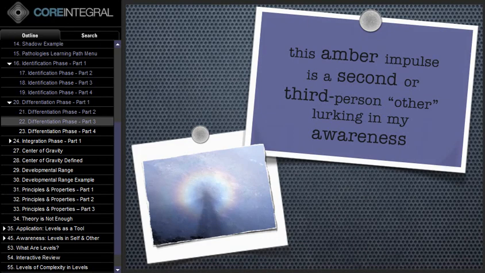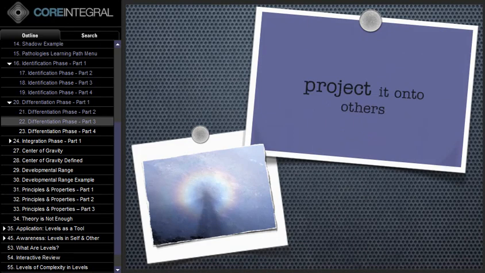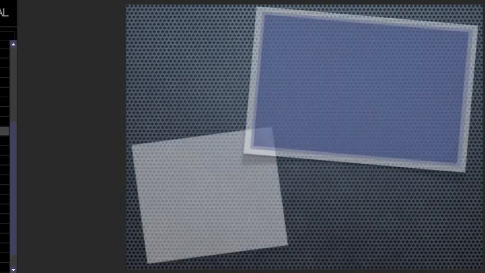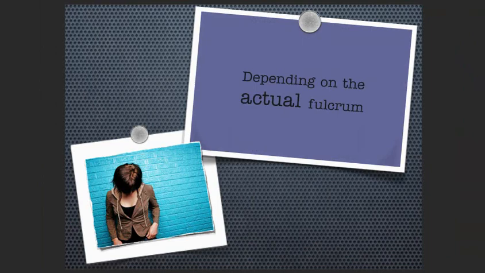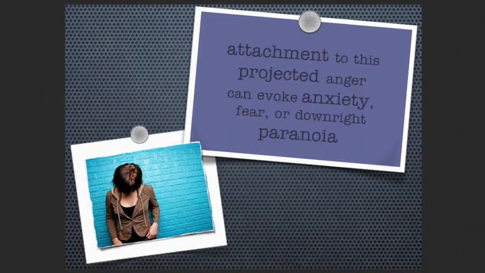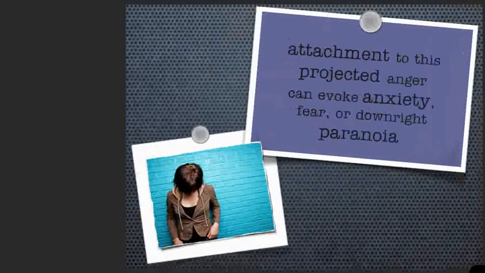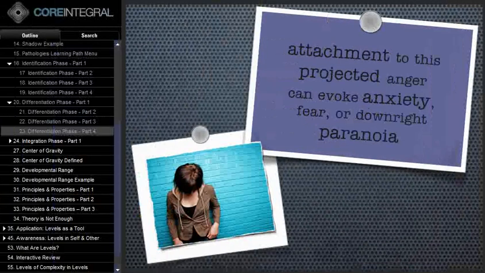A part of my orange self is secretly addicted or identified with an amber impulse. Except this amber impulse is not experienced as a subjective first-person impulse, but as a second or third-person other lurking in my awareness. I can then project it onto others and begin the perpetual dance of shadowboxing, where I accuse others of being angry with me or harboring hostile or malicious intentions toward me. Depending on the actual fulcrum and the severity of the dissociation, attachment to this projected anger can evoke anxiety, fear, or downright paranoia.